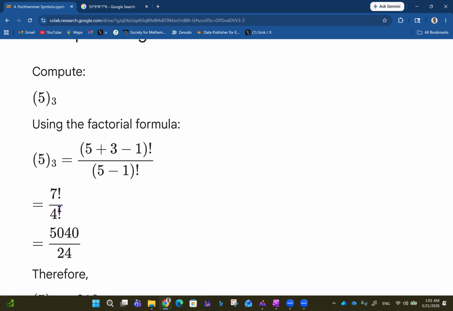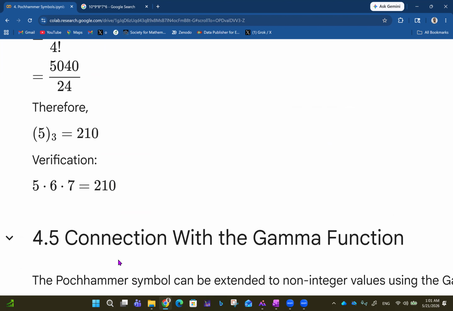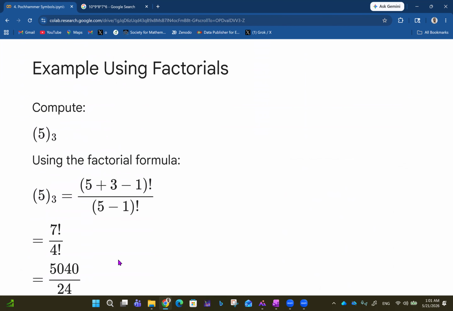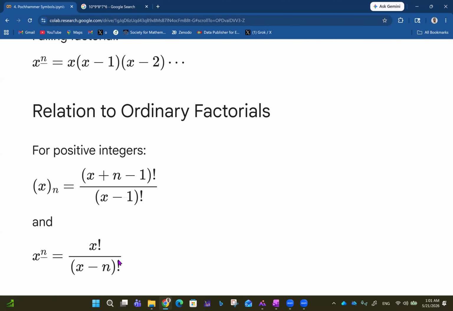So 5 plus 3 minus 1 is 7 factorial, 5 minus 1 is 4 factorial. So that's 5040 over 24. If you like, that will be 7 times 6 times 5, since 4 factorial cancels 4 factorial. So you have 210 at the end of the day. So that actually works. So we have that connection between rising and falling factorials with respect to the regular factorials.